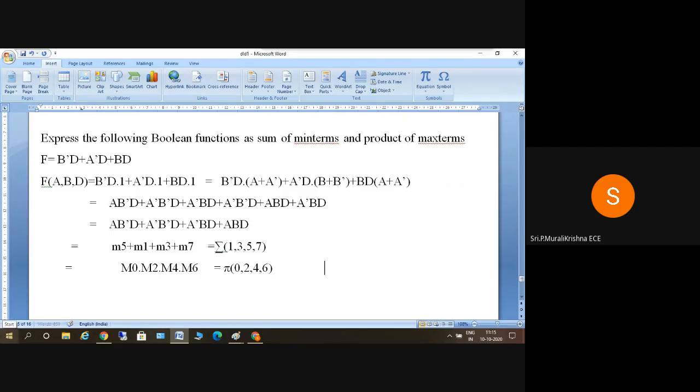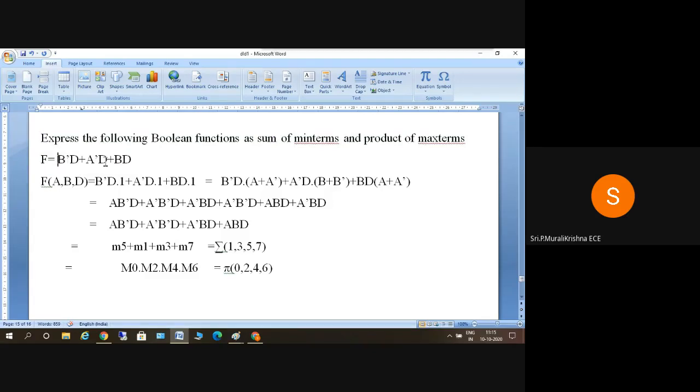So take another problem like this. Express the following Boolean function as sum of min terms and product of max terms. But there is a difference here. So the problem is given like this.